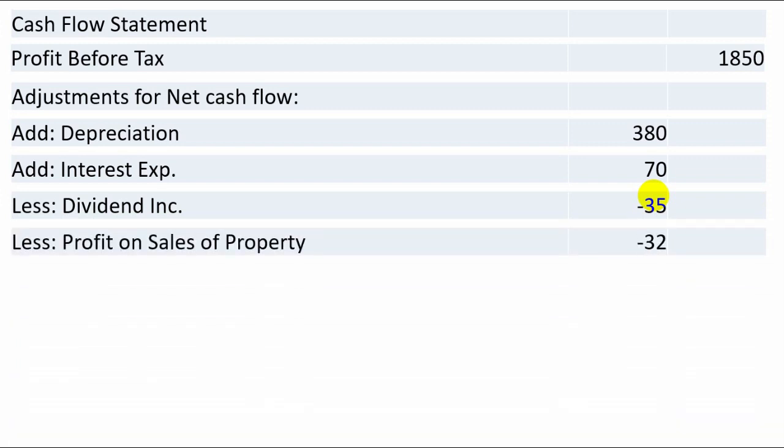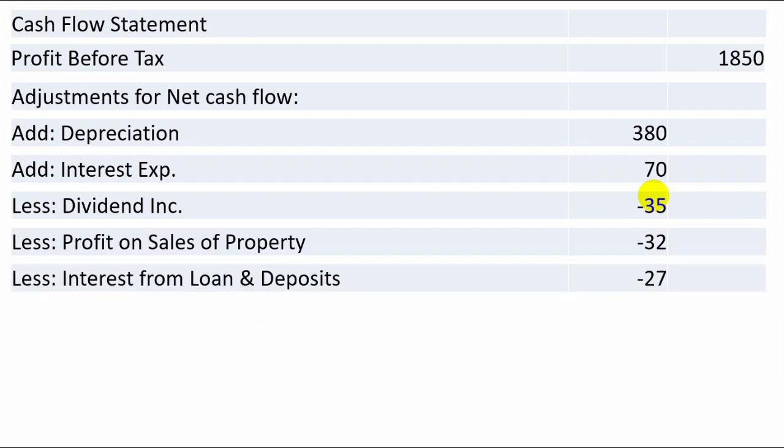If the company has any profits on sales of property, then that also needs to be deducted. Again, this is a non-operating profit or an income. So all non-cash expenses and incomes as well as non-operating expenses and incomes need to be adjusted.